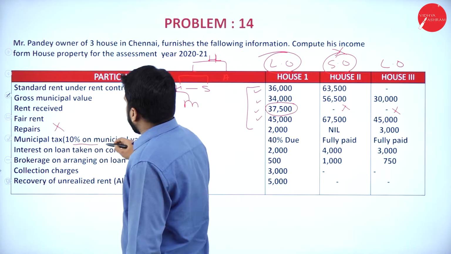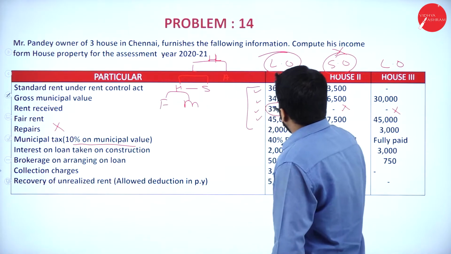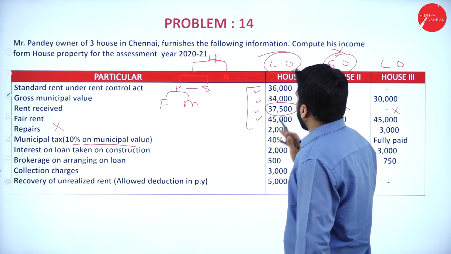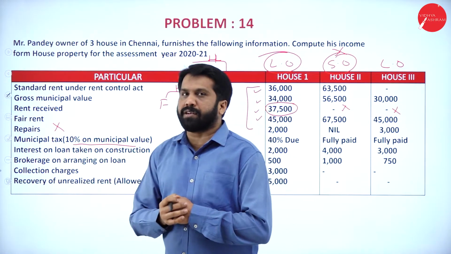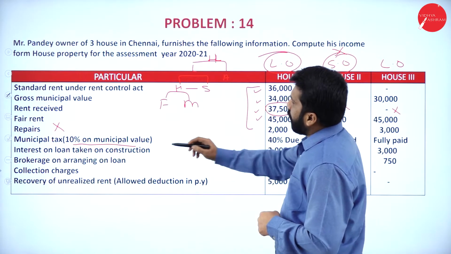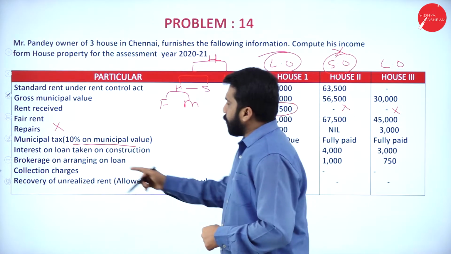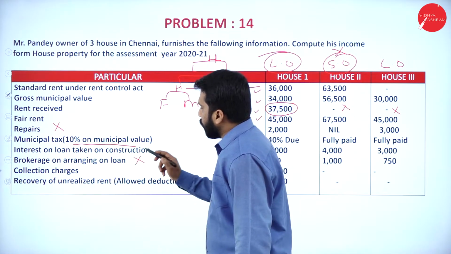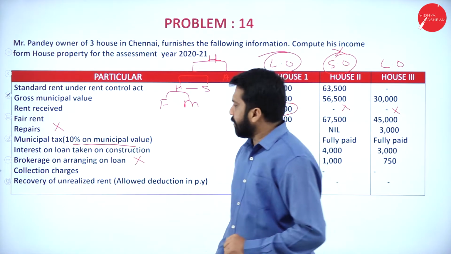Municipal tax is 10% on municipal value. What is your municipal value? 34,000. On 34,000, 10% will be 3,400. Then your interest on loan taken for construction, we will consider. Brokerage on arranging loan, no. Any charges, anything you have paid, we will not consider.